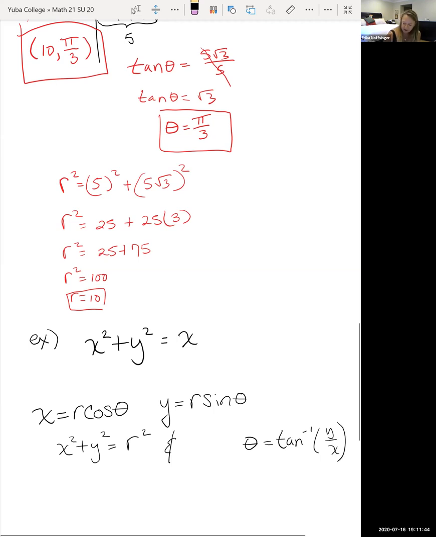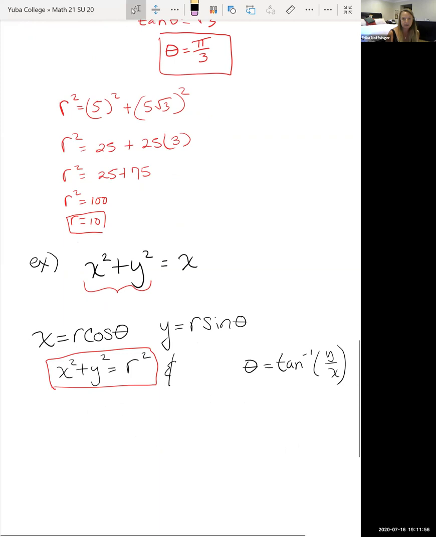So notice in our equation, we have x squared plus y squared. If we look over here, x squared plus y squared is the same thing as r squared. So we can just replace x squared plus y squared with r squared. Now we have r squared is equal to x, but we want this all in terms of r and theta. And x is the same thing as r cosine theta.